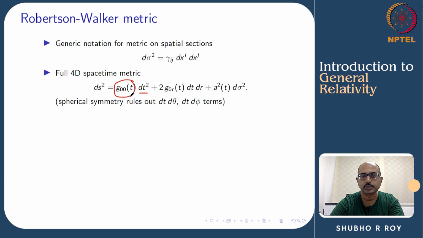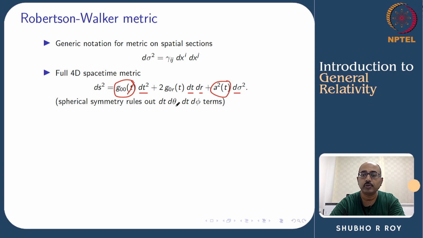Then g0r, dt dr terms will be turned on, with this metric coefficient. And then we will have some coefficient for this d sigma, which should also be a function of time. Now these should be functions of time, because if they become functions of spatial location, then the universe will not be spatially homogeneous. So they cannot be functions of location.